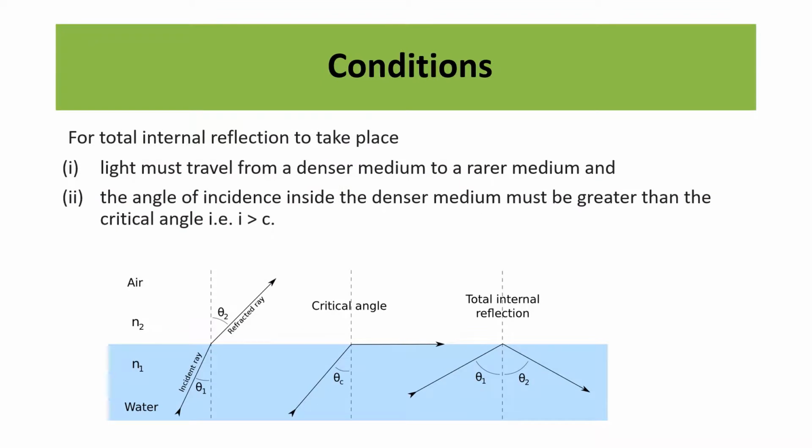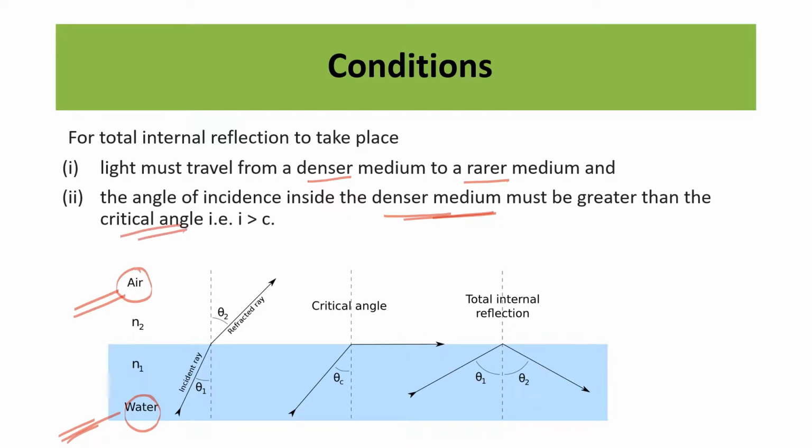What are the conditions for total internal reflection? The first condition is that the light must travel from a denser medium to a rarer medium. Here, the light ray passes from water to air. The light ray must pass from a denser medium to a rarer medium, either from glass to air or from water to air, etc. The angle of incidence inside the denser medium must be greater than the critical angle.